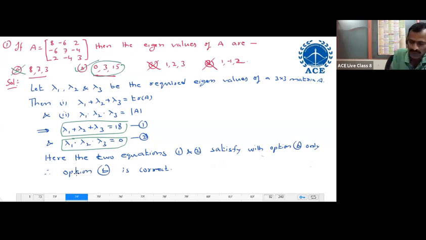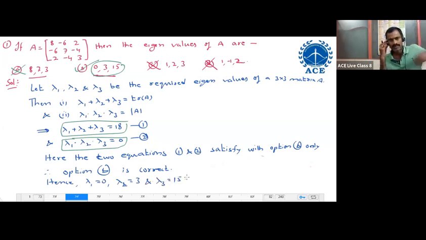That is, the eigenvalues are 0, 3, 15. Hence, lambda 1 equals 0, lambda 2 equals 3, and lambda 3 equals 15. These are the required eigenvalues. We need not write all this; just by verification we can choose the answer.